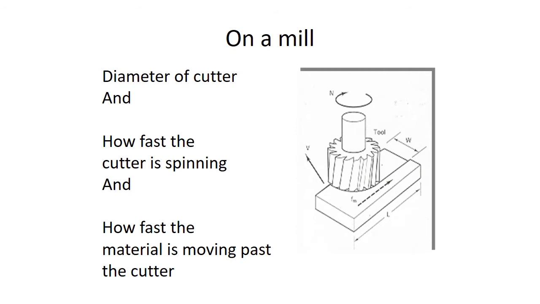It's a little bit harder on a mill, but the real key part in terms of that feed is how fast the material is running past the cutter. So define speed as how fast, in inches per minute, or it could be feet per minute, some linear measurement per minute, the material is going past the cutter.